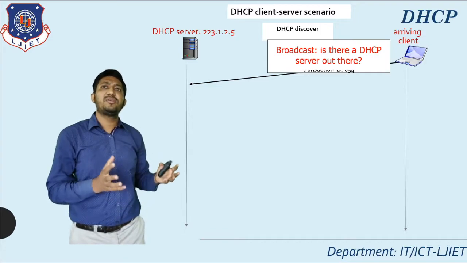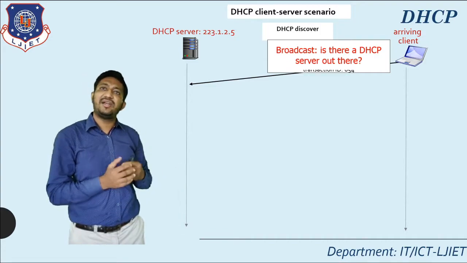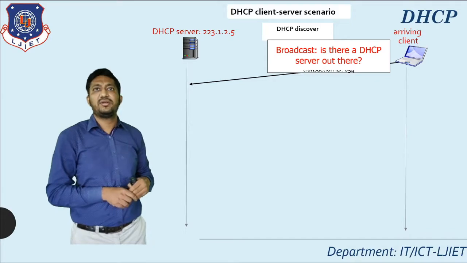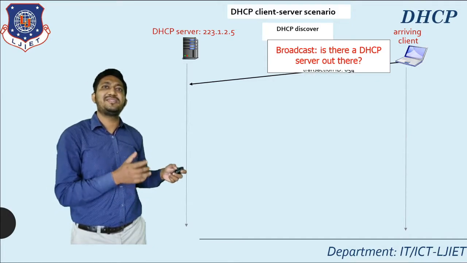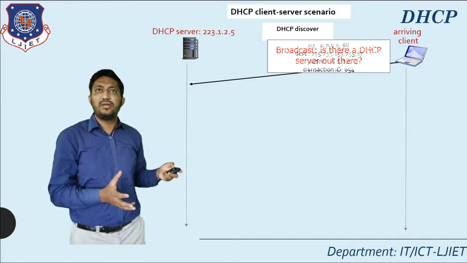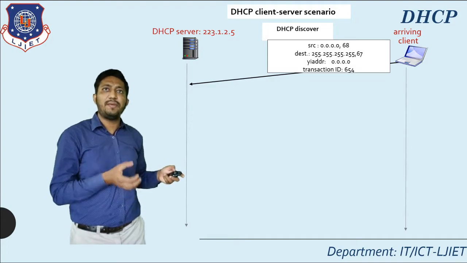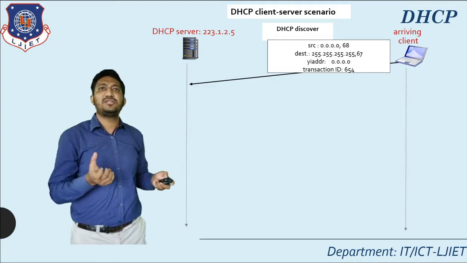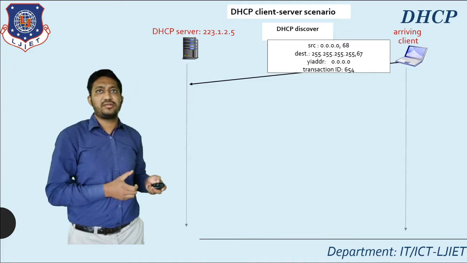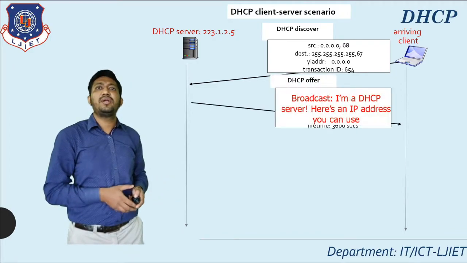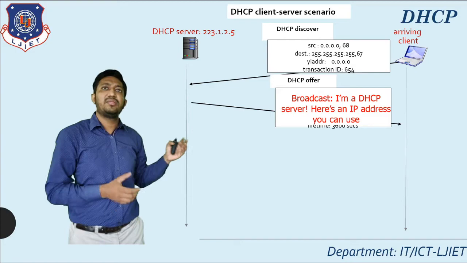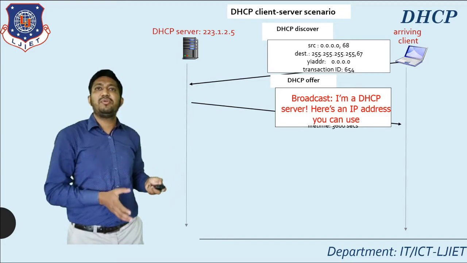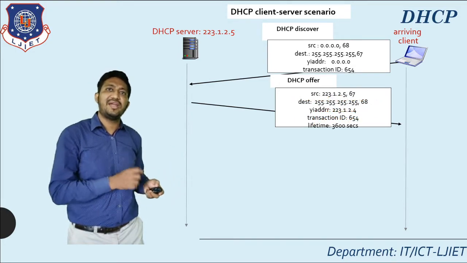It is searching for some DHCP server that gives an IP to it. So it broadcasts the message, is there any DHCP server here, with its original IP address and the particular destination address. Now in the response, our DHCP server says, I am available here with a specific IP, and that's the destination address.